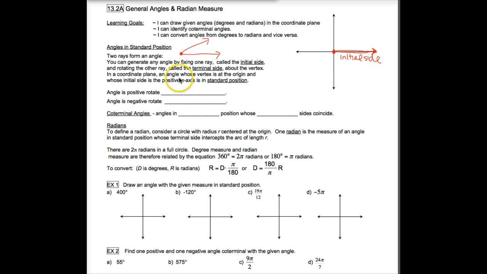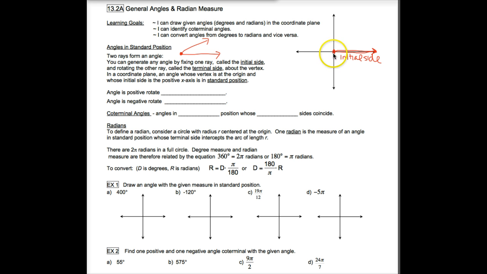So in the coordinate plane, we call an angle whose vertex is at the origin, initial side positive x-axis, an angle in standard position. And the angles that we're going to be looking at are going to be ones in standard position. In other classes, you might look into ones that are not, but we're going to be focusing on standard positions.